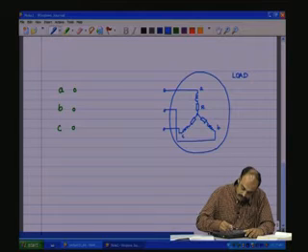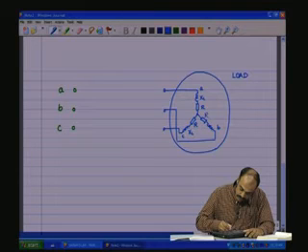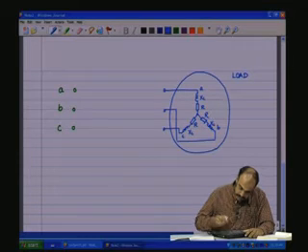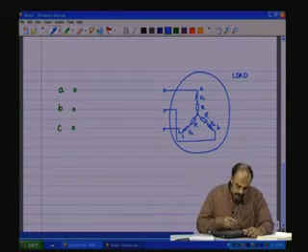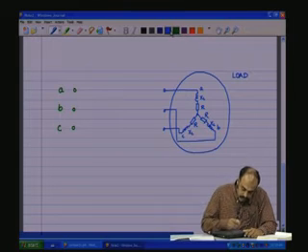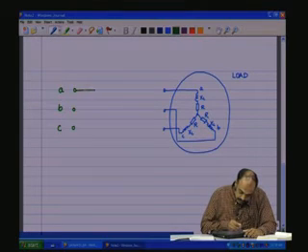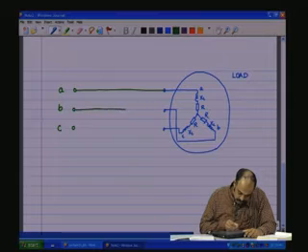You have R, XL, XL, R, XL. So, we make a connection between the source and the load.